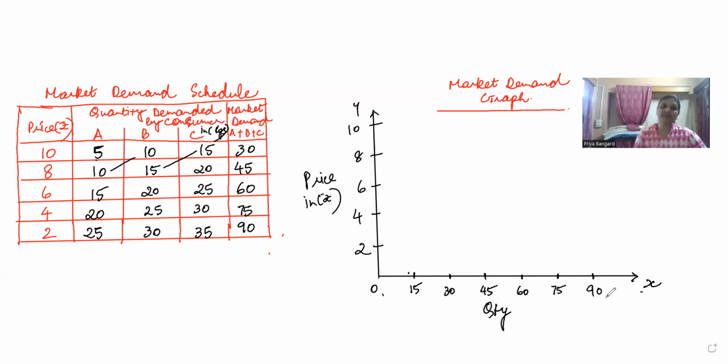Okay. So when price is 10, quantity demand is 30. So 10 और 30 को यदि join करें तो मुझे ये point मिला. When price is 8, quantity demanded is 45. When price is 6, quantity demanded is 60.